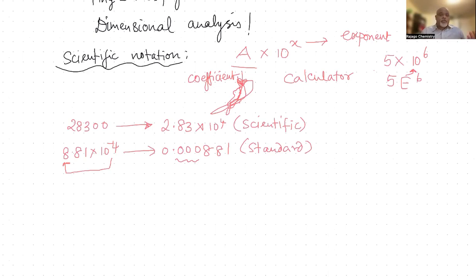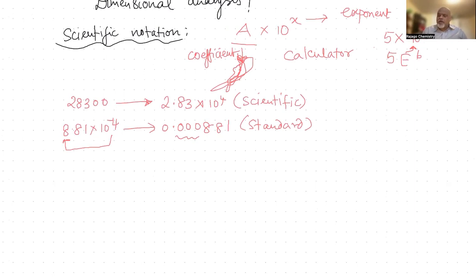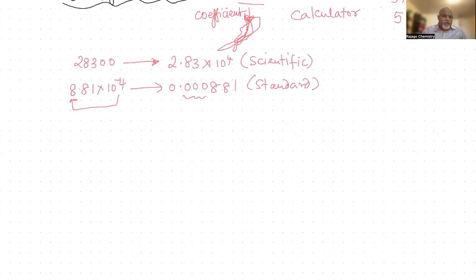There are also standard rules when you use scientific notation. Let's look at some examples of addition and subtraction.